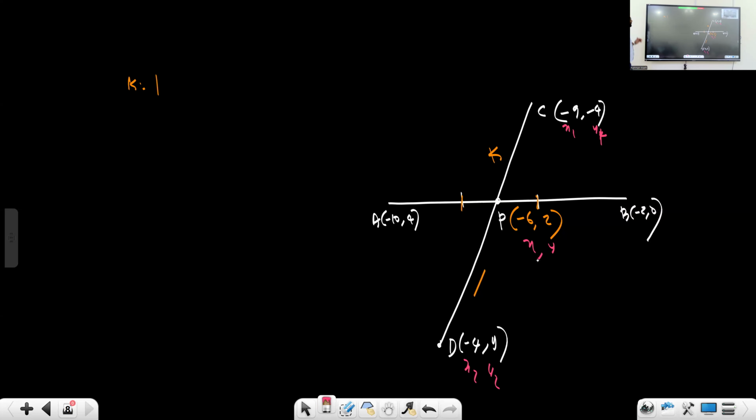Tell me, what is the formula? X equal to k x2 plus x1 by k plus 1. Y equal to k y2 plus y1 by k plus 1. Substitute everything. Here y2 is y only, don't get confused.